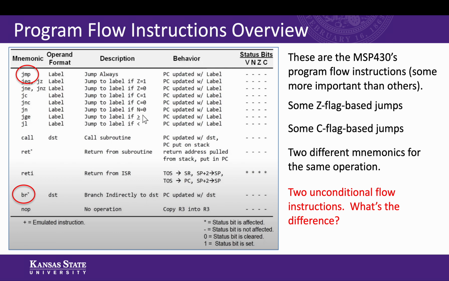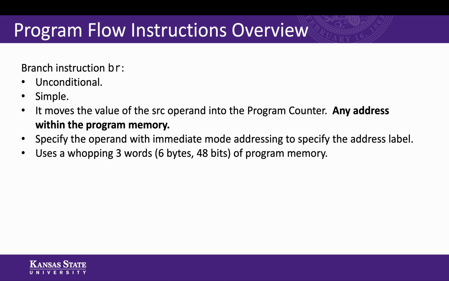There are two unconditional program flow instructions, which we said was jump, JMP, and branch, BR. As they're both unconditional, we're going to need to understand the difference. Branch is the simpler of the two. It moves the value of the source operand into the program counter. So it does exactly what you think it would do.